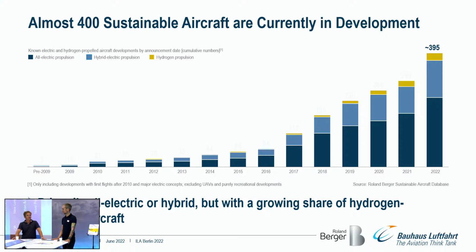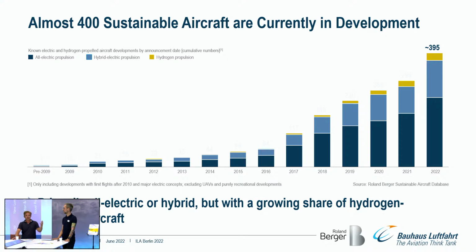This makes total sense, as with hydrogen, for example, the technological limitations are still quite high, and it's not possible, at least in the next 3 to 5 years, to offer a regional air mobility aircraft based on hydrogen propulsion.